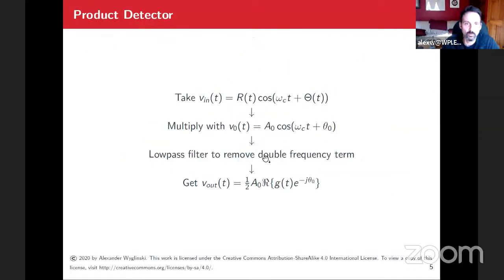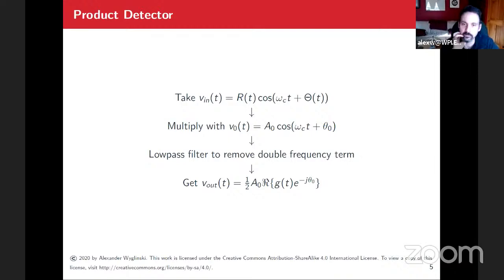how does that product detector work? Okay, so product detector, that is what the receiver is going to pick up. You multiply it against this thing, right? So your receiver is going to multiply a cosine wave with a fixed phase, and this is going to be theta naught, right? And here again, we're making the assumption that it knows the carrier frequency of your signal a priori. The omega c. Remember, omega c is equal to 2 pi f_c, okay?